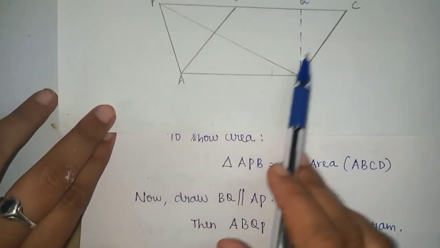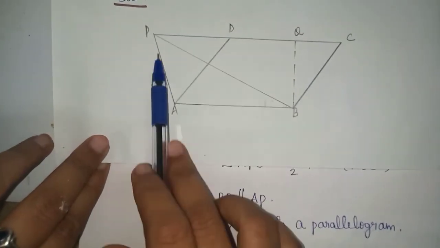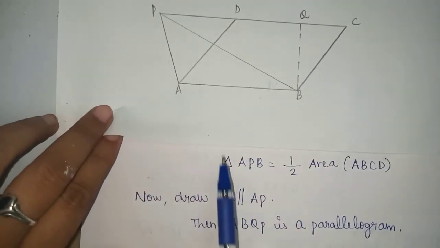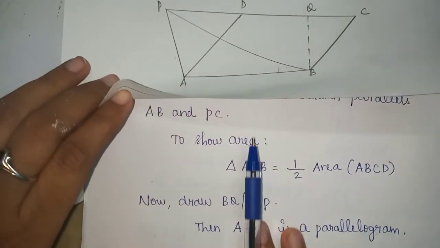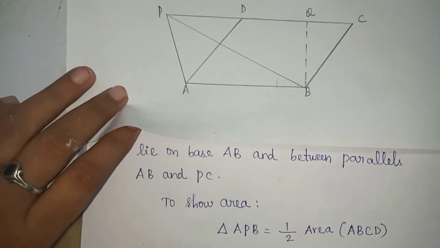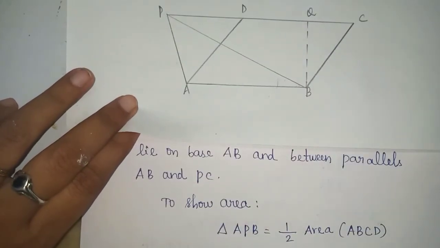This is a parallelogram, this is a triangle with the same base AB. Then between the parallels AB and PC. So AB and PC are parallels.